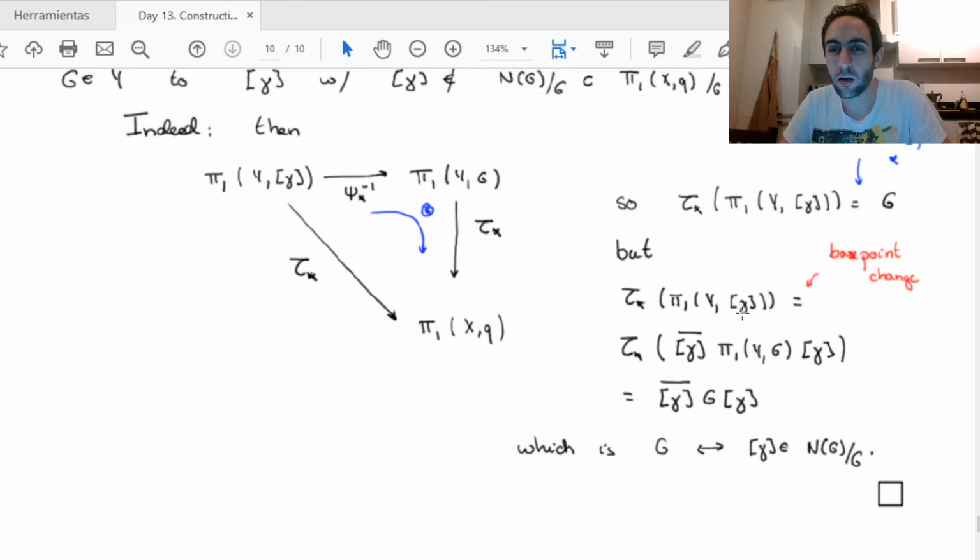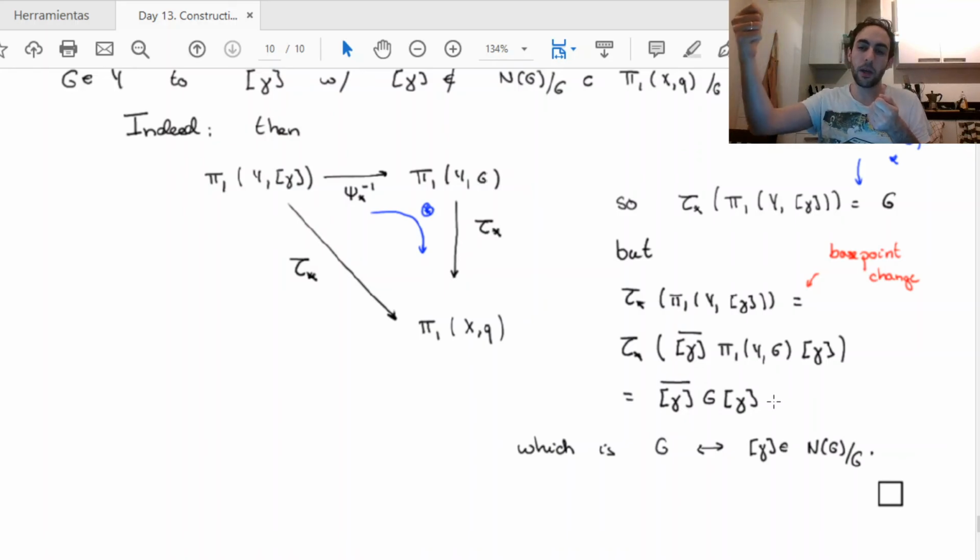So we can do what we always do. We have the fundamental group of Y at two different points: at the base point G, and at the base point gamma. Now, how do you relate them?